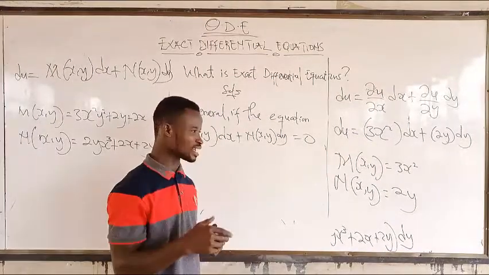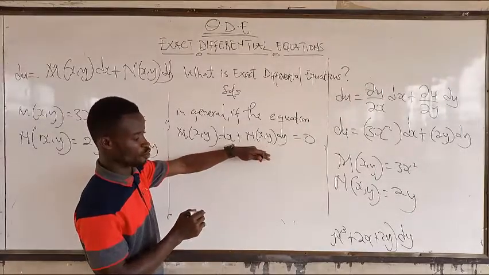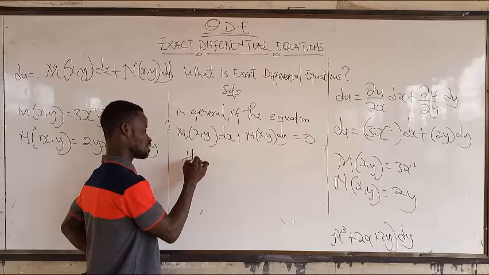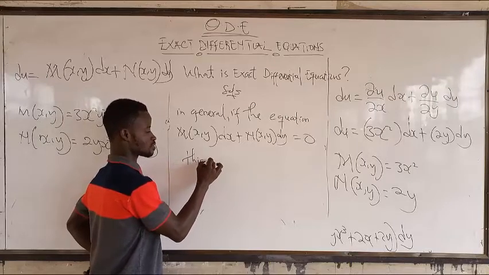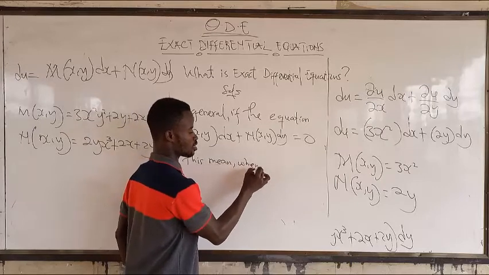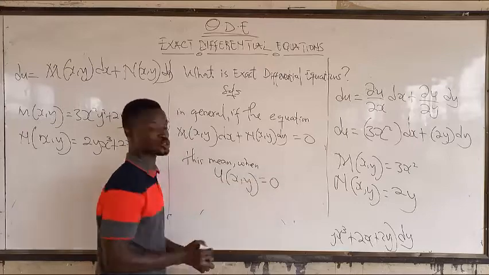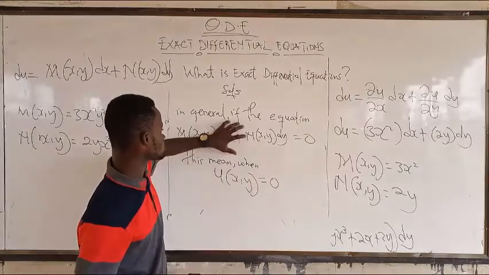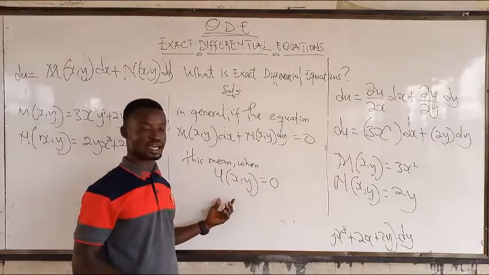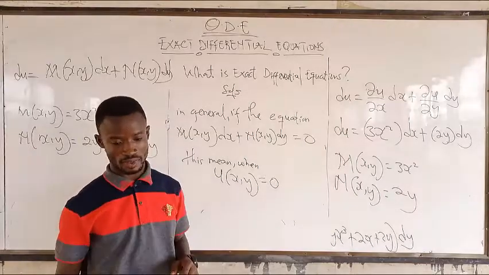What we mean is that when the function of u in terms of x and y is equal to 0, because this is equal to this, and now we are saying this is equal to 0. So we are saying the same thing as saying the function u of x and y is equal to 0.